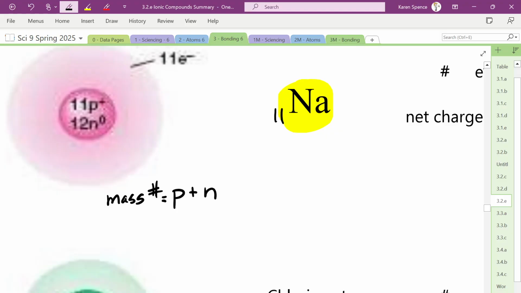So what would our mass number be there? We have 11 protons and 12 neutrons. 23, beautiful. And that goes up at the top left. Excellent.